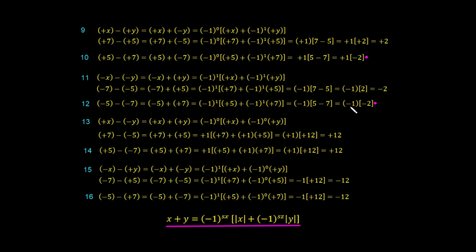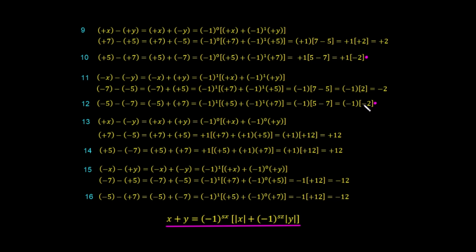And I've marked off the 2 in pink that don't work. So for example, the answer here is going to be a negative value, but the sign of x is going to be positive. So it just doesn't work for this one. And again, it doesn't work for this one either. So it won't work whenever the subtraction or addition is given as a negative number within this square bracket here.